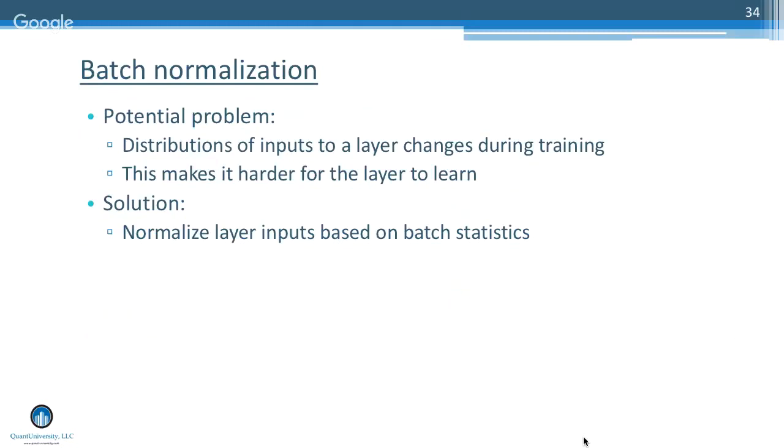So as layer 1 learns, the distribution of numbers you're feeding to layer 2 changes. That makes it harder for layer 2 to adjust, because it's not just having to learn patterns of the inputs, it's actually having to adjust the scale of things. If originally you had a bunch of numbers that were around 0, and then they all shifted to be somewhere else. And so people figured out that you can do this trick where you normalize between every set of layers, and then give the network the ability to, if it wants to, learn a scale and a shift parameter.